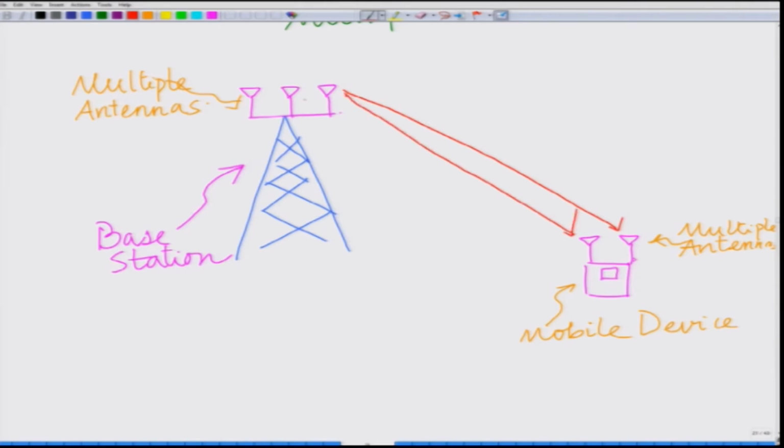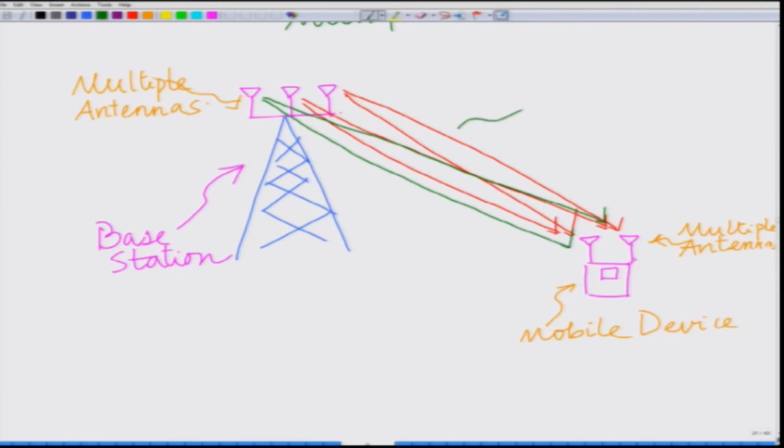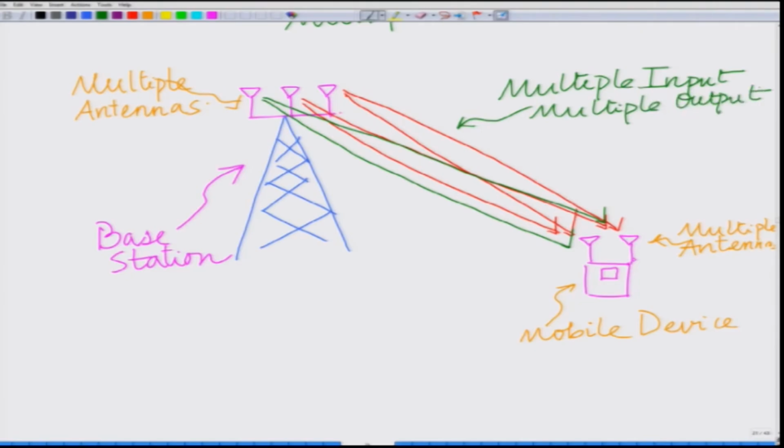So, you have multiple antennas at the transmitter and multiple antennas at the receiver, and therefore what you have now is basically a full-fledged MIMO channel, a multiple input multiple output channel.